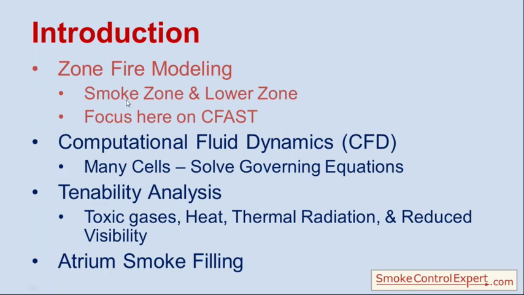It consists of a smoke zone located under the ceiling of the fire room, and a lower zone, which would be smoke-free or nearly smoke-free. The focus here is on the model CFAST, and I'll explain why. That'll be obvious later on.